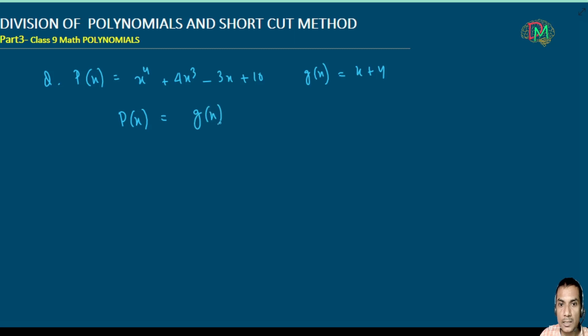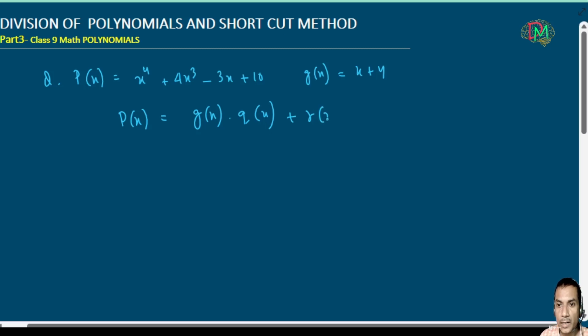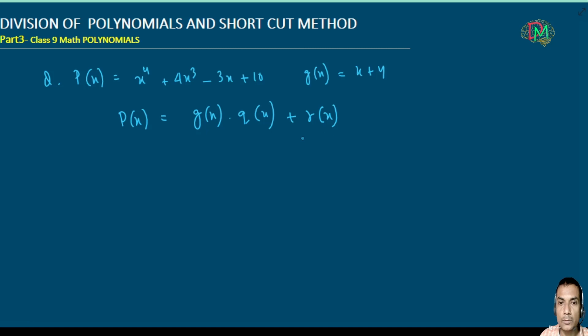Then we assume another function, qx, which is the quotient, and next is r, the remainder. Clear? The remainder could be any function of x or any constant term. We don't know the remainder value, so we just assume it is also a function of x.